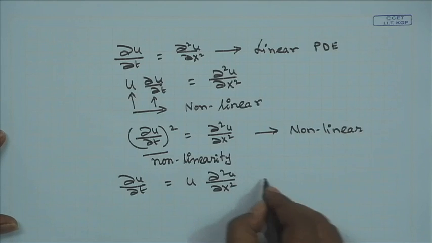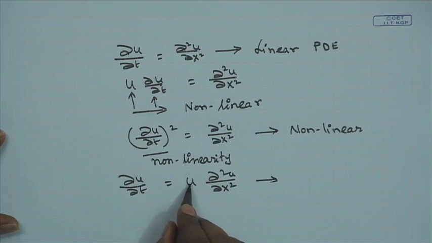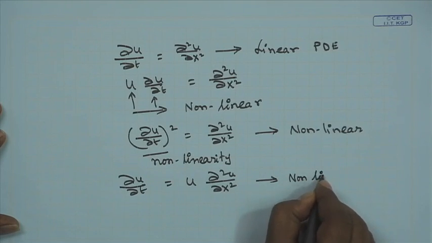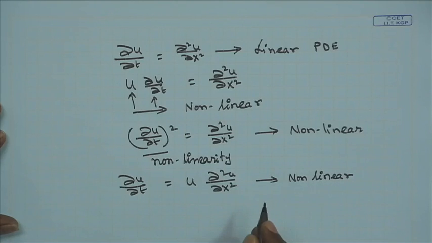Now, in this equation again there is a product of the dependent variable and its derivative. So, therefore, it is a nonlinear equation. So, if the product of the dependent variable and its derivative, or a higher power of the dependent variable or its derivative, is present, that is, any power except 1, then the partial differential equation is a nonlinear partial differential equation.